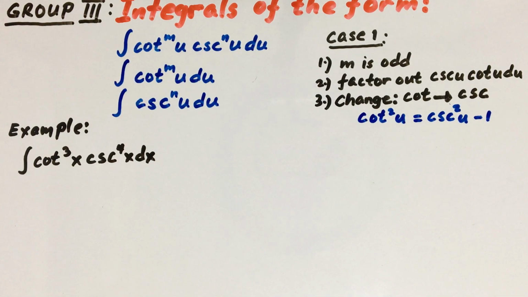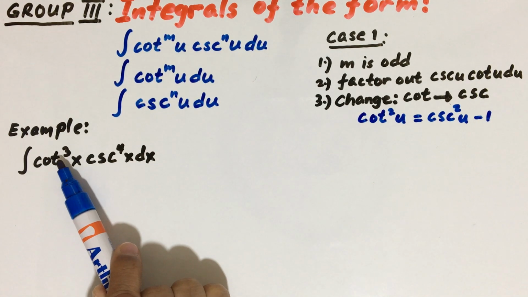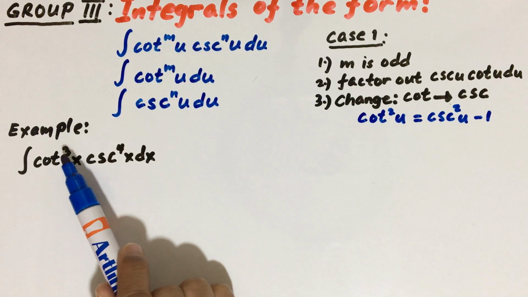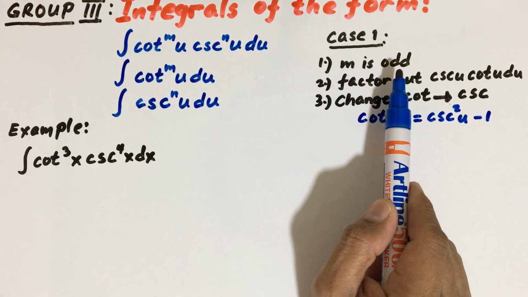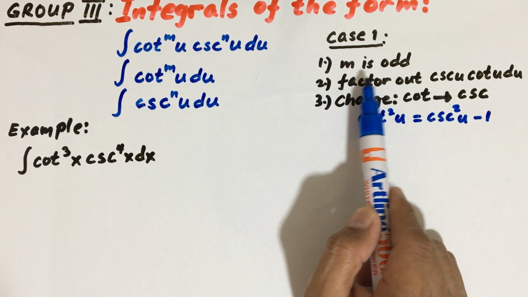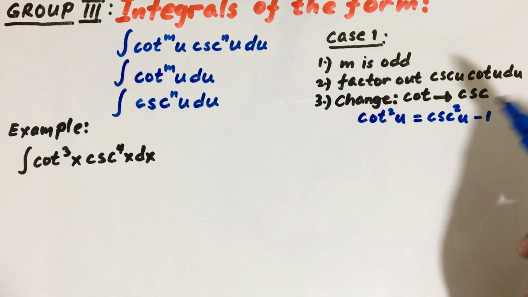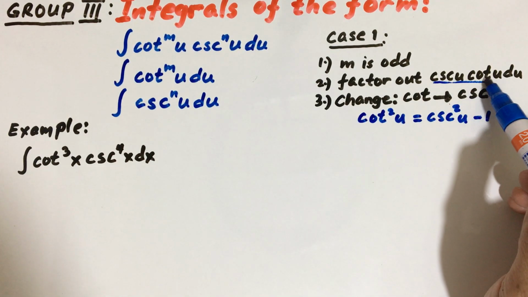Looking at the exponent of cotangent, which corresponds to m, the exponent here is 3, which is odd. So this is case 1. What shall we do after finding that this is odd? We have to factor out this cosecant u cotangent u du.